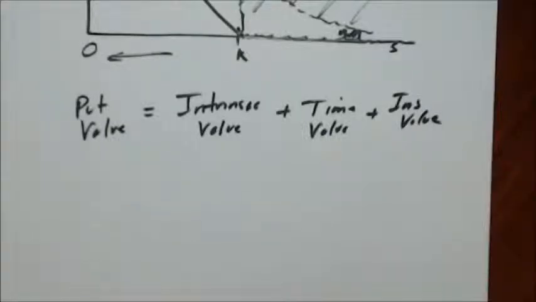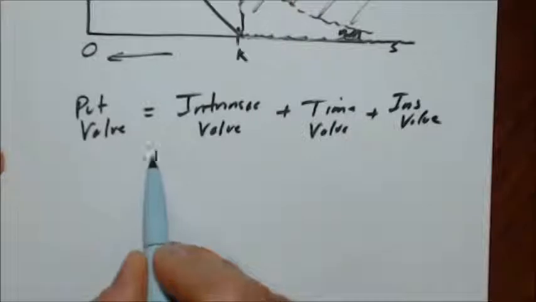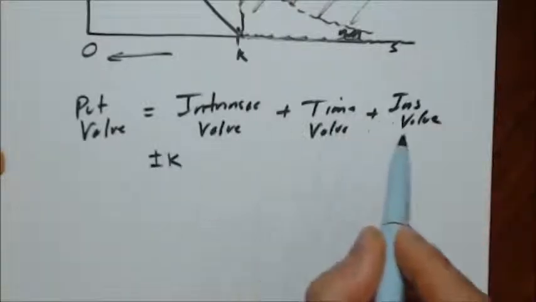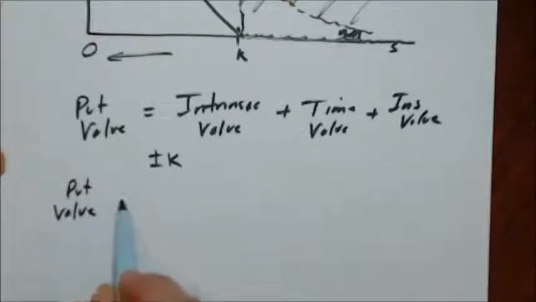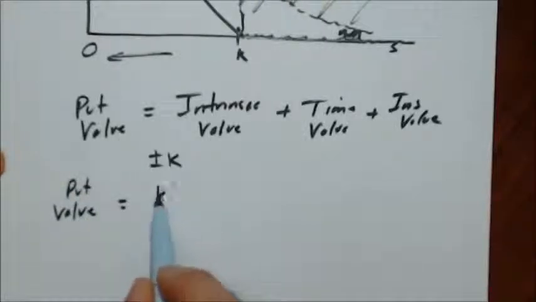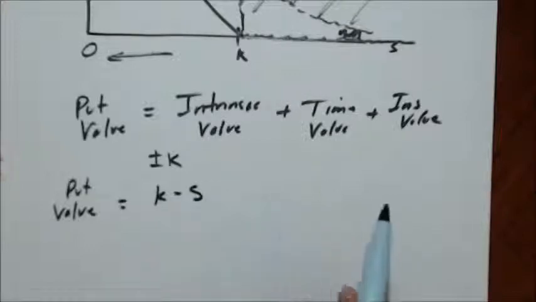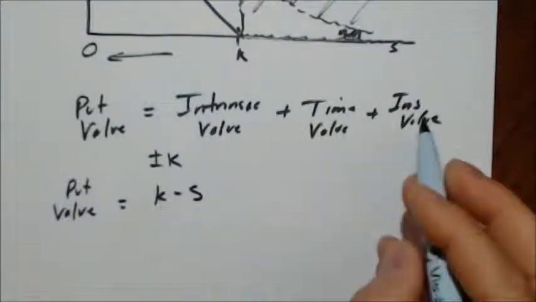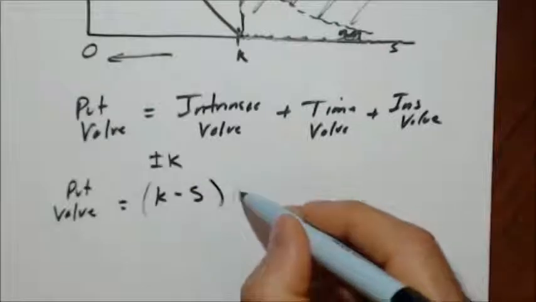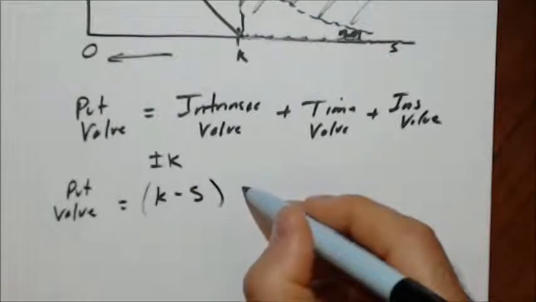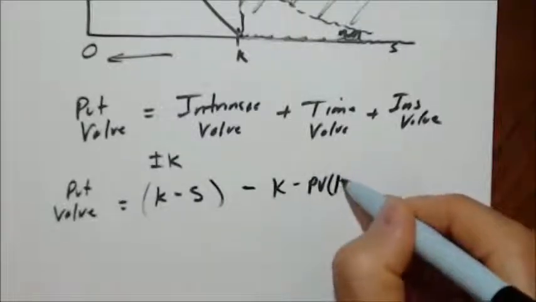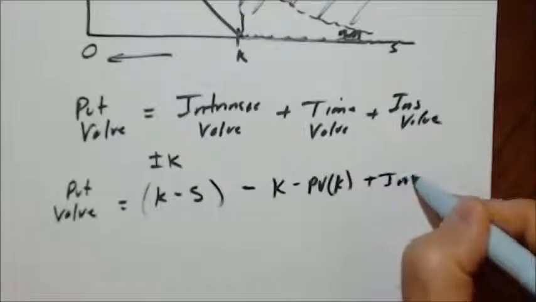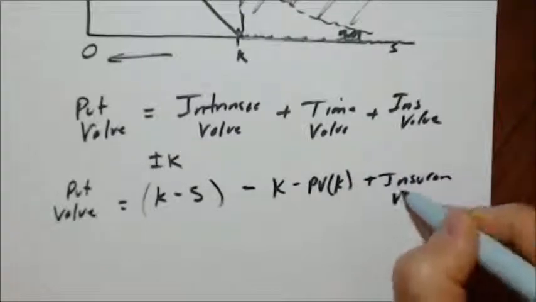Also, it's very convenient. Now add and subtract K on the right-hand side. So you have put value equals K minus S, minus K minus PV of K, plus an insurance value.